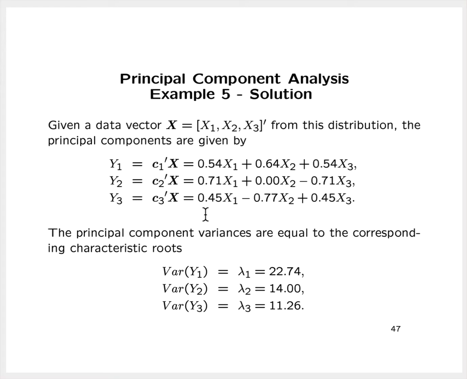And so the way we would construct the principal component from the original 3 variables is according to this linear combination here. In addition, the variances of the 3 principal components are given by the 3 characteristic roots of cap sig.